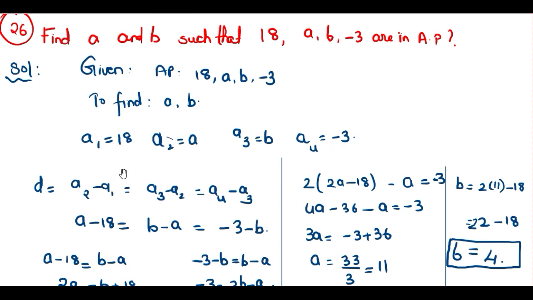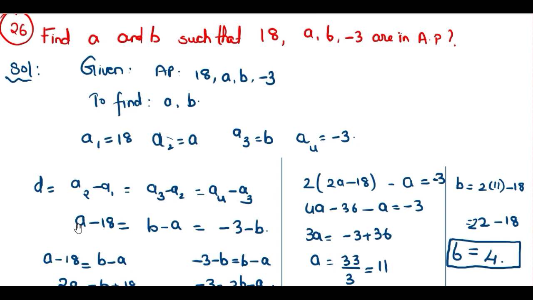So because it is in AP, the common difference will be the same. How can we get it? By subtracting a1 from a2, that is a2 minus a1 gives us d, a3 minus a2 also gives us d, and a4 minus a3 also gives us d, which will in turn be equal to each other. So let us substitute the values.